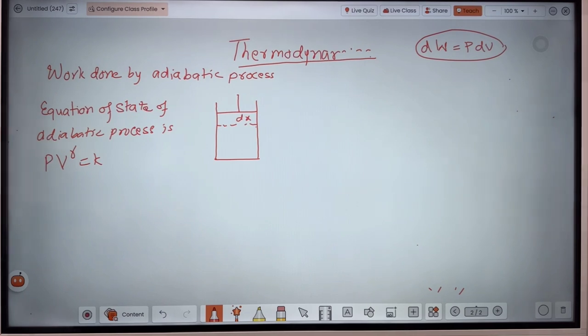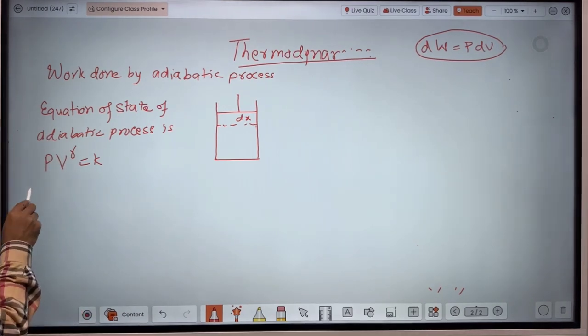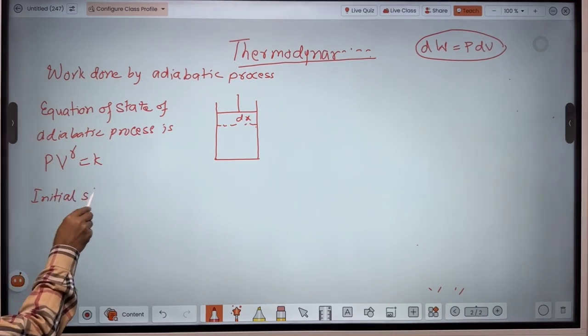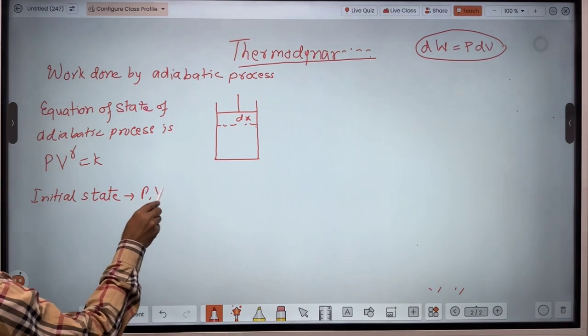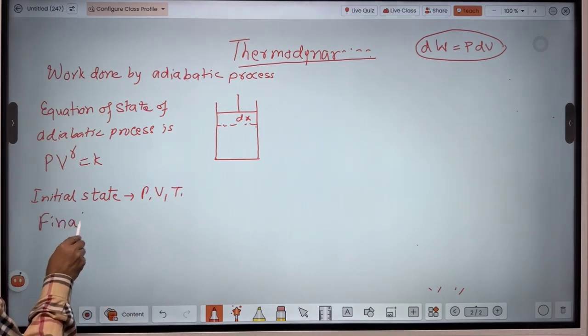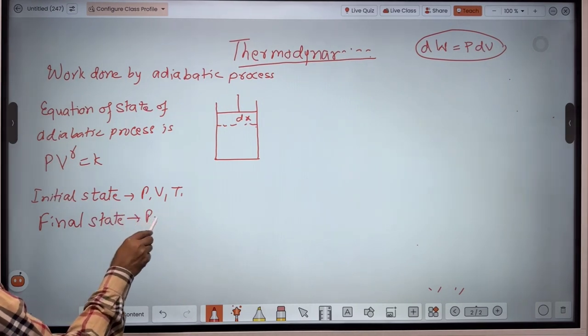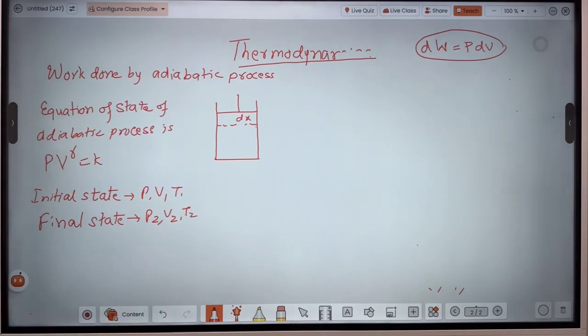Everything will be there except the equation used will be this. So we can say initial state is P1 V1 T1 and final state will be P2 V2 and T2. It means temperature will also change.